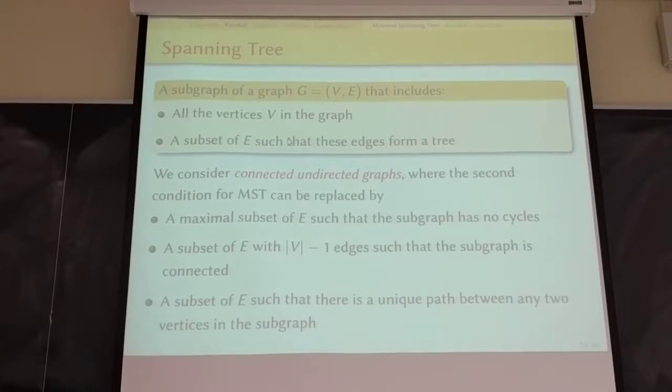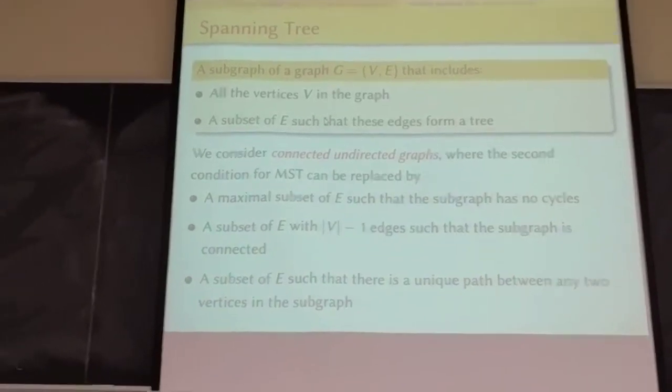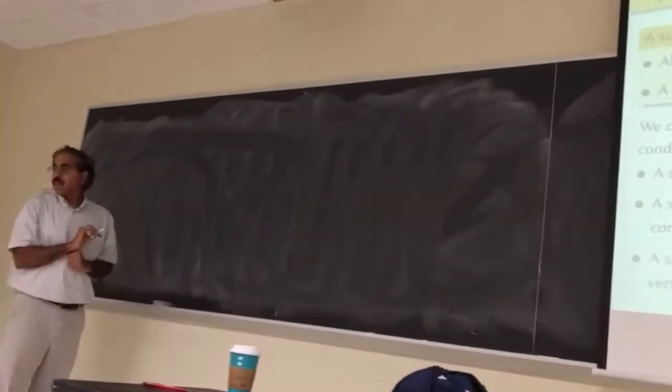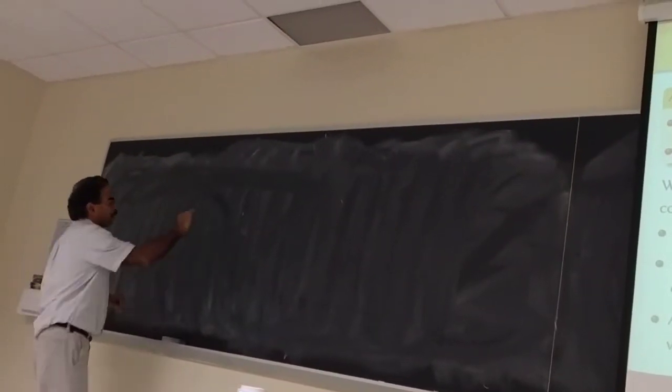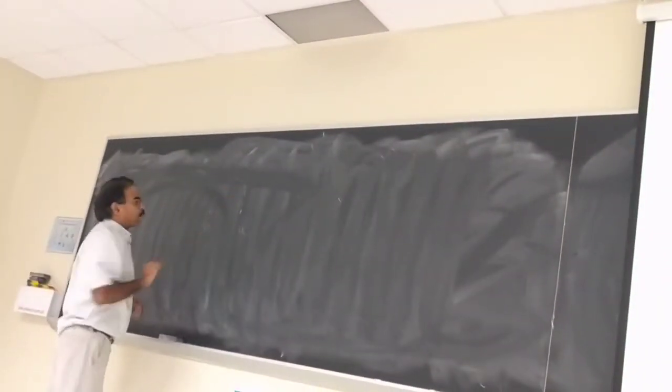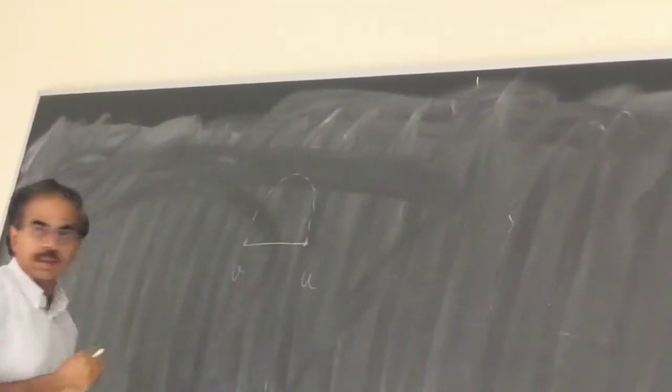Because, let's say this is a tree, and let's take two vertices V and U. Because of the property that we already said, there already exists some path to go from V to U. So if you add an edge, that's going to complete a cycle.